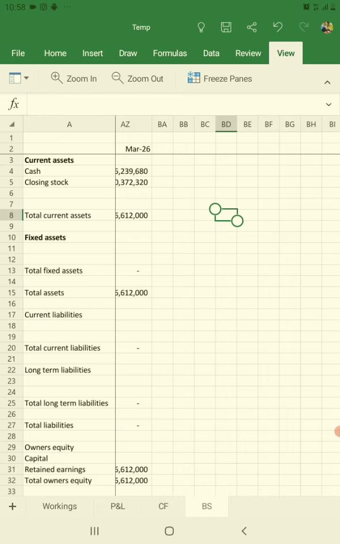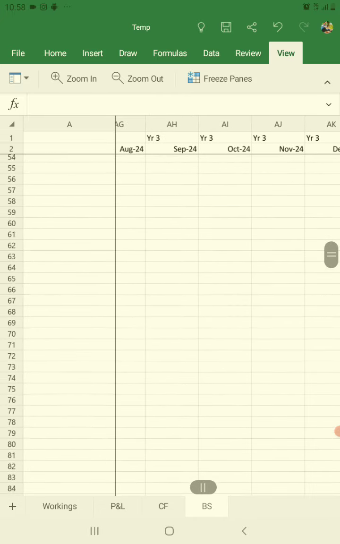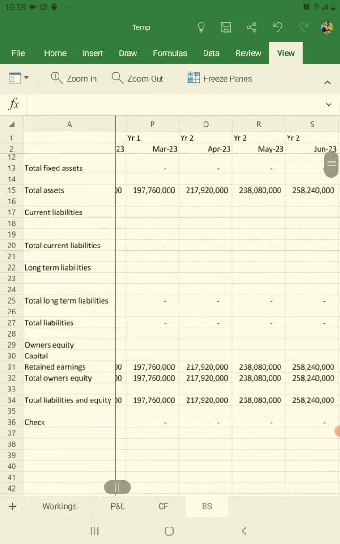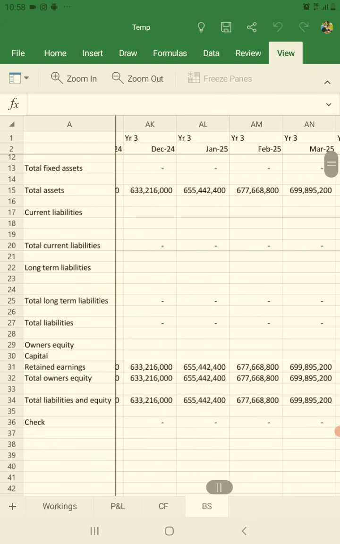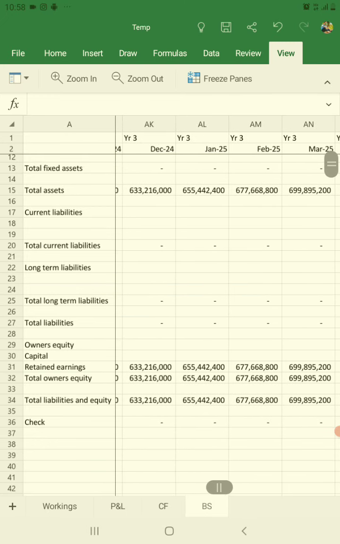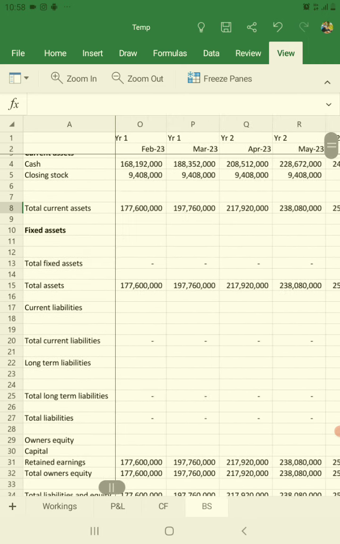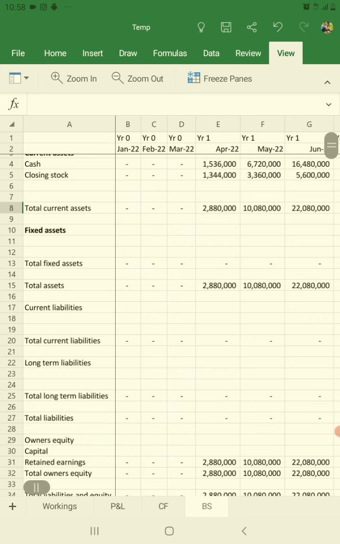Okay, after doing that, let me see if my balance sheet has balanced. You see on the check, it has balanced. Why? Because I have introduced another item, that is closing stock, and the same has been reflected in the balance sheet as a figure of stock as at the end of the month, and everything is now done.